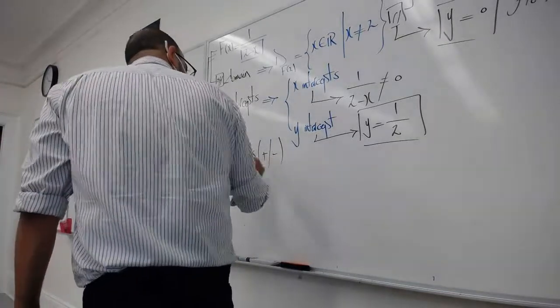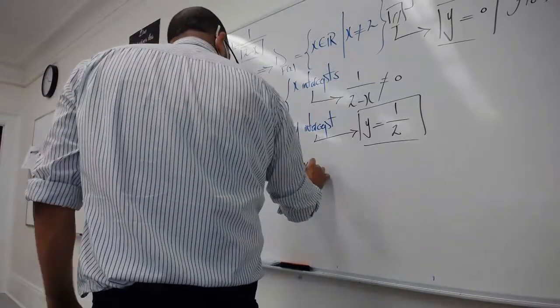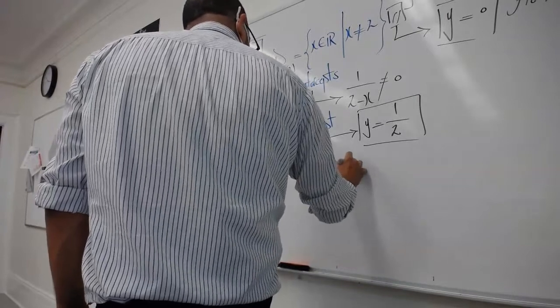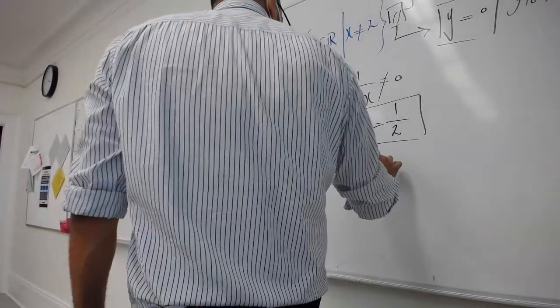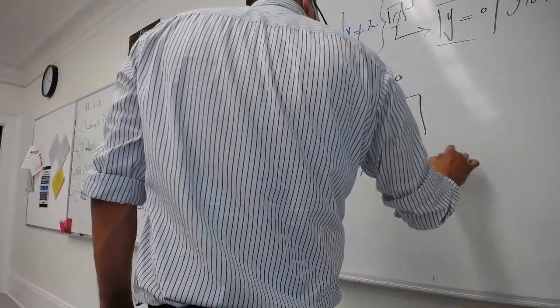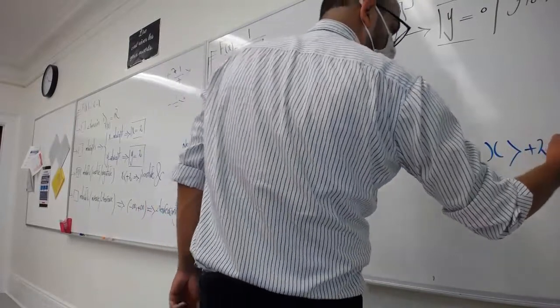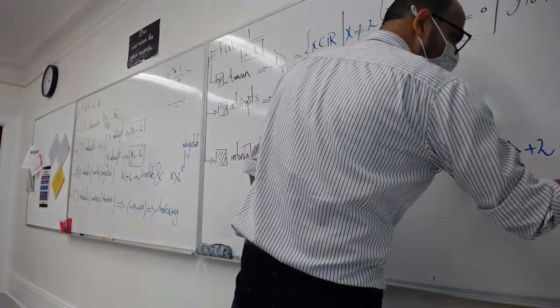Then for this, I'm going to say x less than 2, it's the positive interval, and x greater than 2, it's going to be negative.